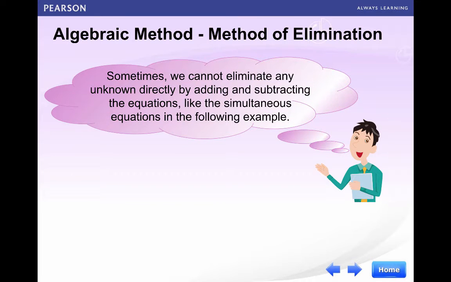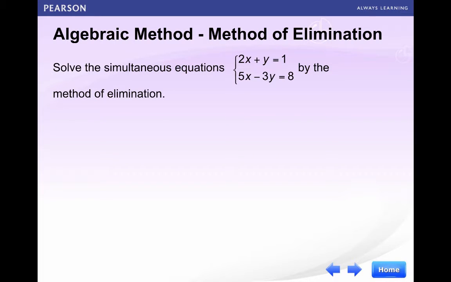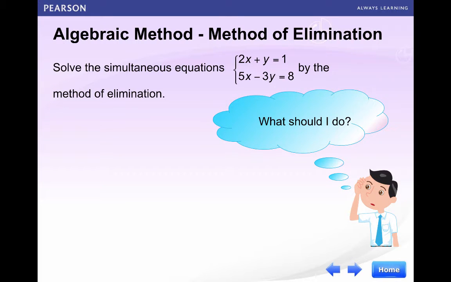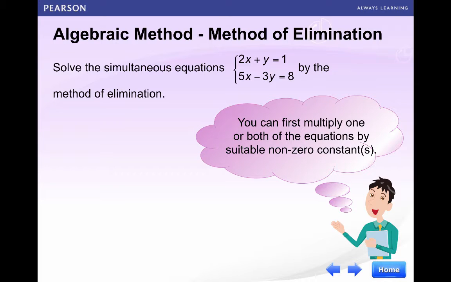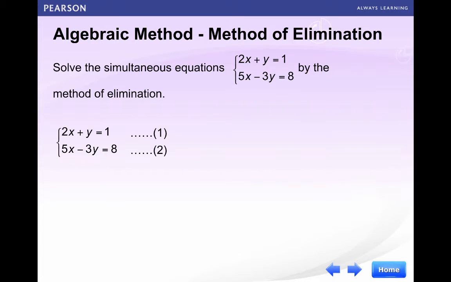But sometimes we cannot eliminate the unknown directly. What does it mean? Look at this: 2x, 5x, y, and negative 3y. The coefficients are not the same. So we can multiply the first equation by 3. We get the third equation.